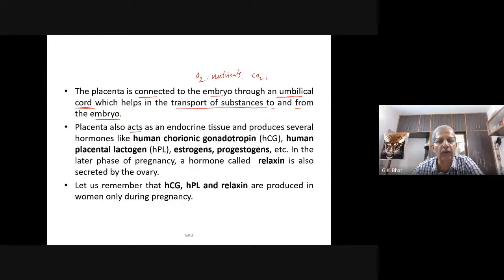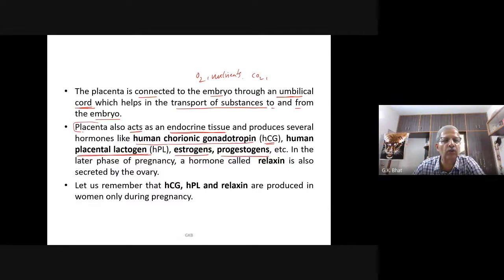Placenta also acts, a very, very important point, as an endocrine tissue and produces several hormones like human chorionic gonadotropin, always abbreviated as HCG. It also produces human placental lactogen, which is responsible for the release of milk, and also estrogens, progestogens, etc. All these are produced by the placenta.